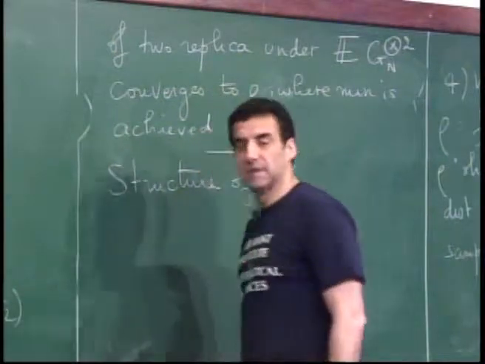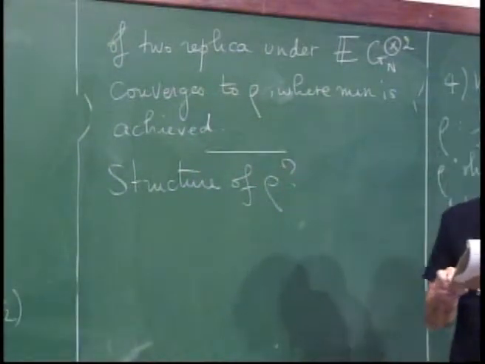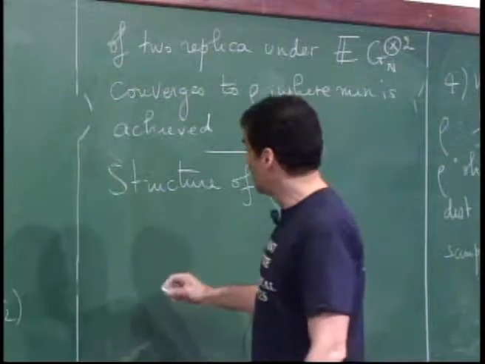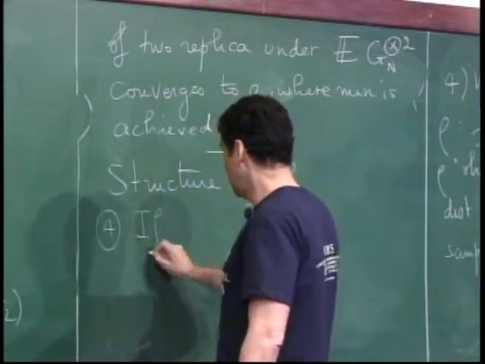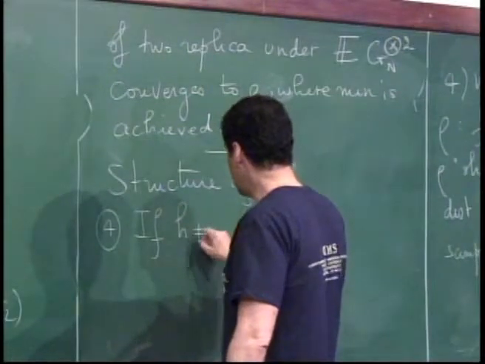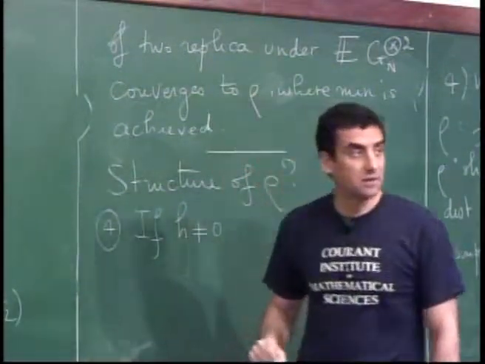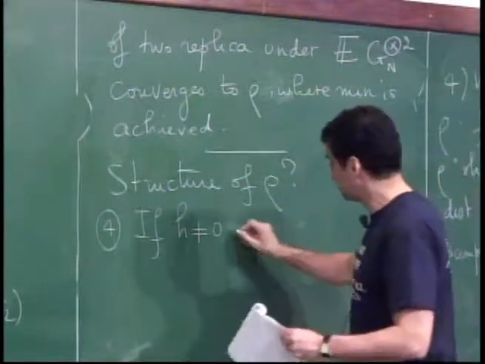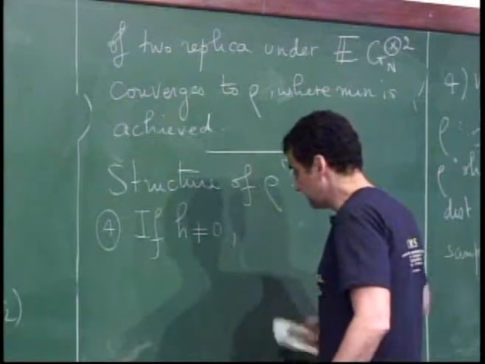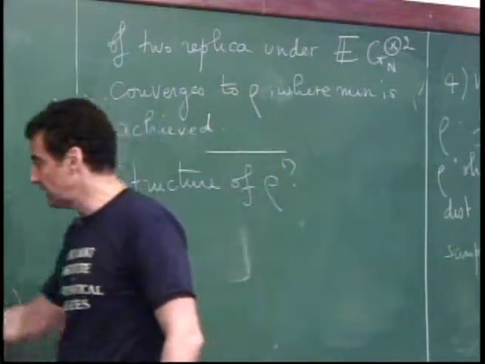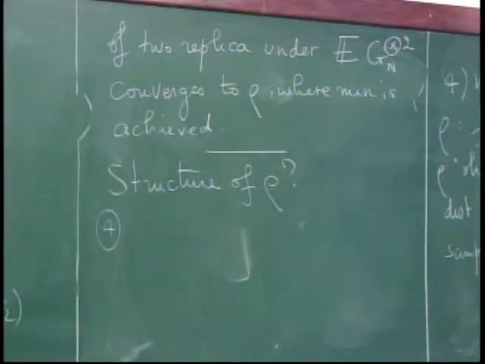All right, so the structure of rho, what Talagrand proves is this, and it is proved when h is non-zero, and beta p is non-zero for p, that's why I included the magnetic field there.